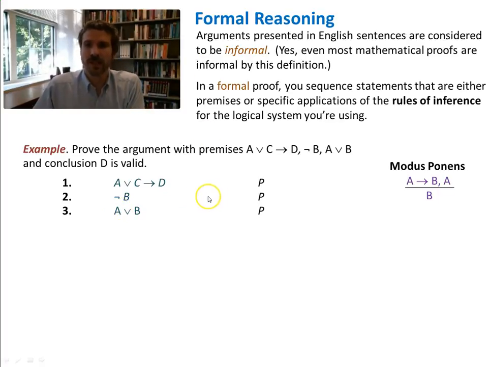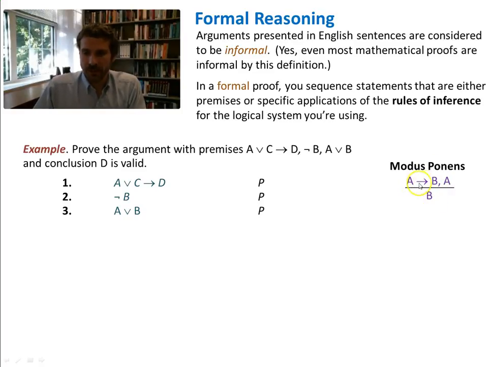We have some rules already that we know about. Remember modus ponens? It says that if I know that if A then B is true, and A is true, then I can conclude that B is true. We used this a while back. This is a new way to view it. This notation means that what is on top of the bar, these are the things that we know, and what's on the bottom of the bar, this is what we can conclude.